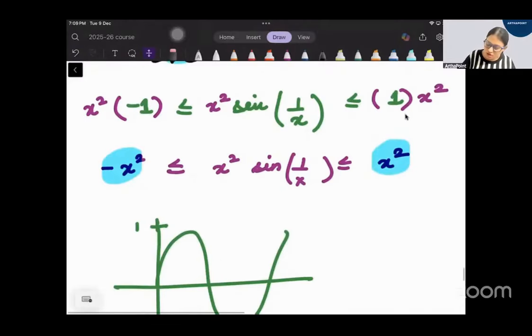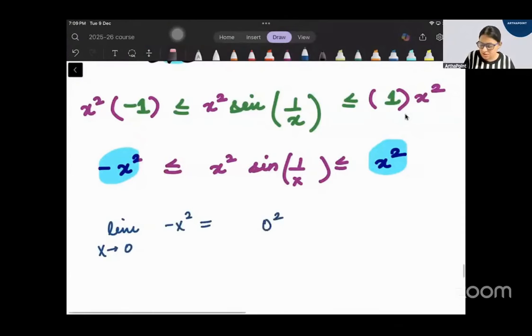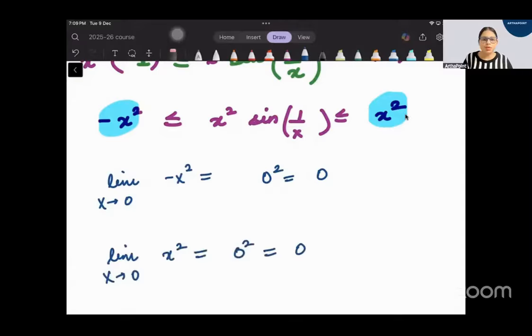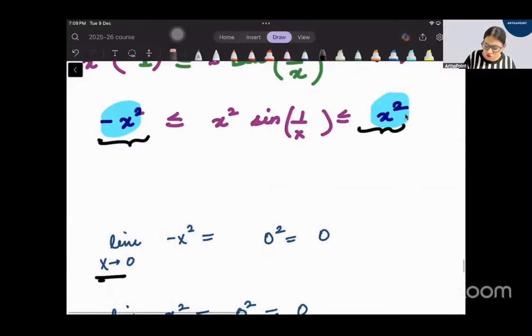When I check the limit as x tends to 0 of minus x square, you put 0 in this and you get 0. And when you check the limit as x tends to 0 of x square, you get 0. So as x tends to 0, this goes towards 0 and this also goes towards 0. They're going towards the same number.